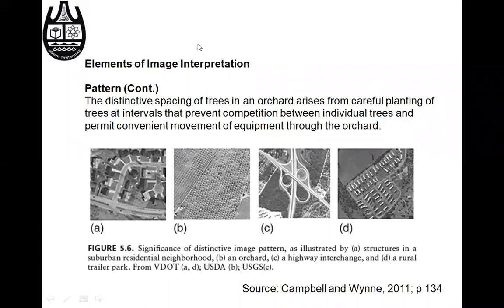What is your point of view? What do you think? What is the image of this one? Do you have any other idea? No sir. Okay, so what I mean is that if you have the knowledge of a particular pattern, then without other information, only the pattern can tell you what the object is.